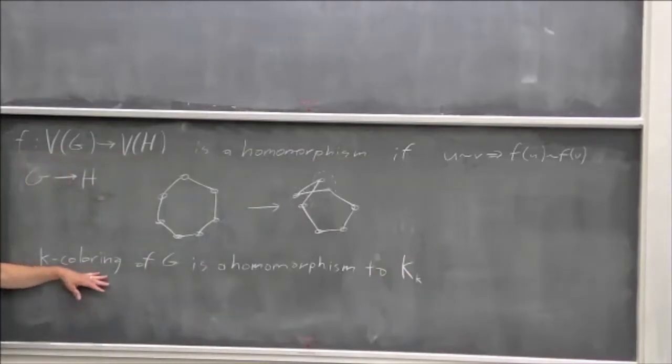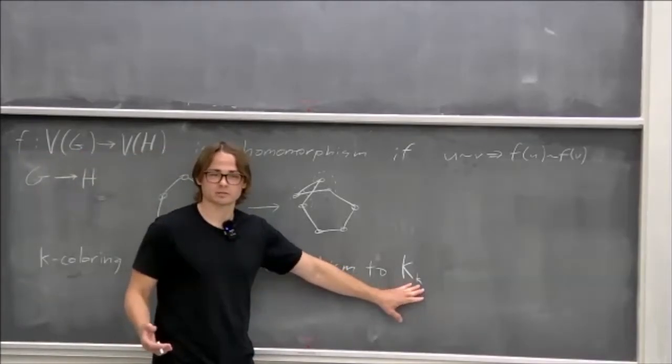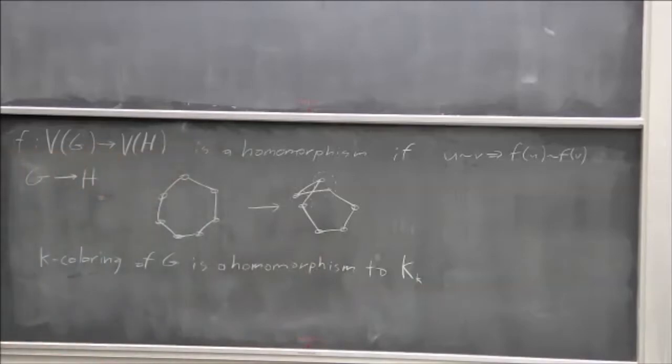Well, a k-coloring is an assignment of k colors to the vertices of your graph so that adjacent vertices get distinct colors, which just means that I'm mapping the vertices of my graph to some set such that adjacent things get mapped to different things. And different in this graph is the same thing as being adjacent. So that's the same thing as a homomorphism to the complete graph.